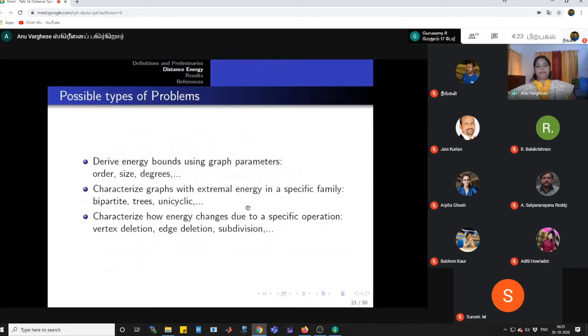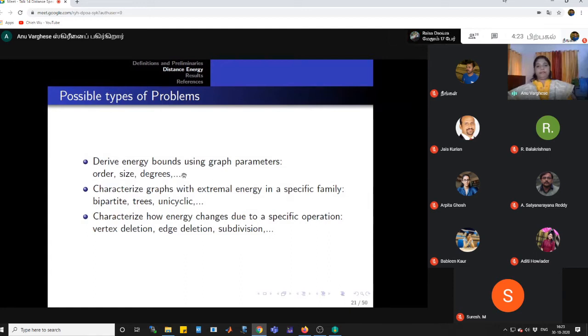We can have many problems related to distance matrices, distance spectrum, distance spectral radius, and distance energy. We can have energy bounds, bounds for spectral radius. Those bounds can have parameters like the order of the graph, that means the number of vertices, the size of the graph, that is the number of edges, degrees of the vertices of the graph, like that.